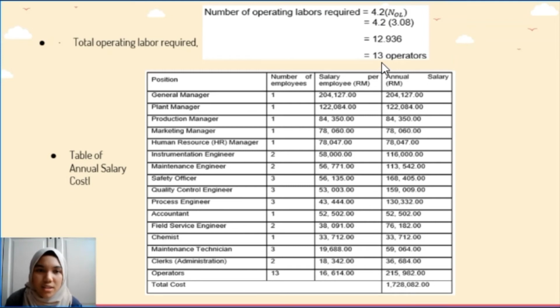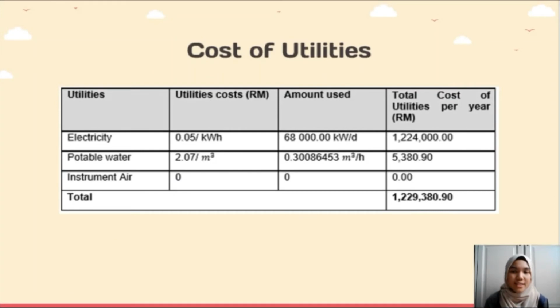So the number of operators that we need is 13 operators. The table below shows the annual salary cost, which is the total cost for annual salary in our biodiesel plantation, is 1,728,082 ringgit.